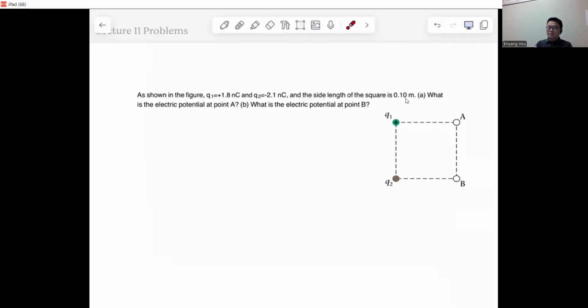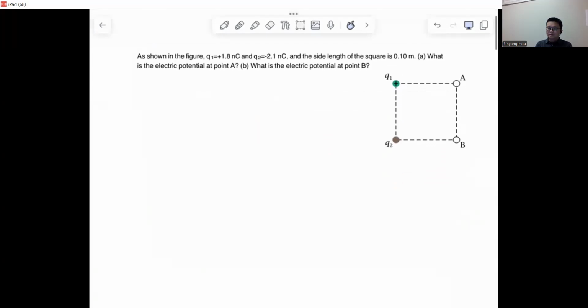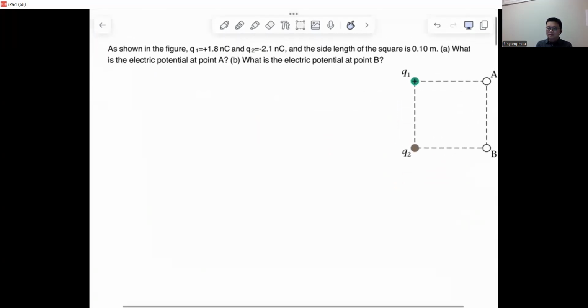So in this problem, zooming in a little bit, you have this Q1 here, which is positive, on the top left corner, and then there's this Q2, which is negative, minus 2.1 nanocoulombs, and 1.8 nanocoulombs.